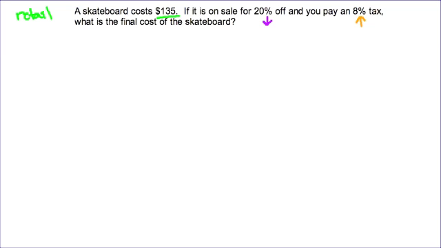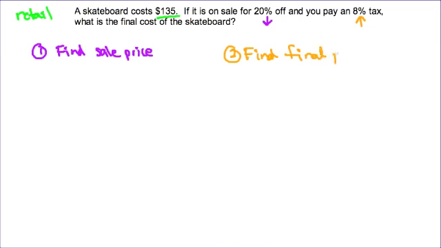So we're going to do this in two different steps. The first thing we're going to do is find the sale price. That factors in the discount. And then we're going to find the final price, which then includes the tax. So let's find the sale price first.